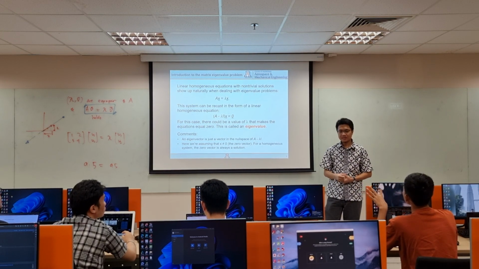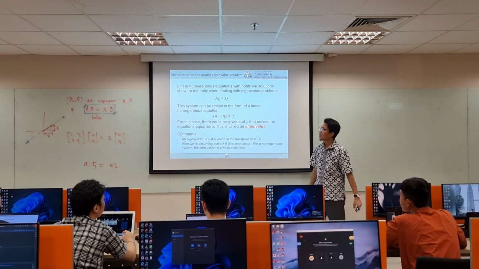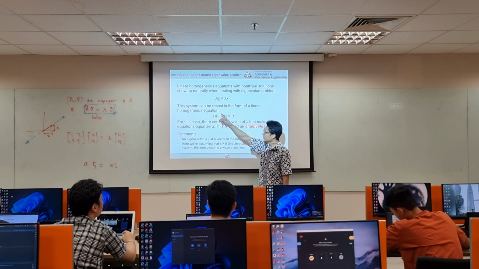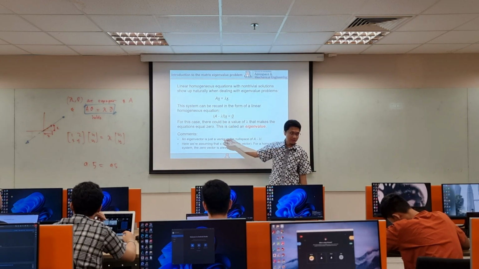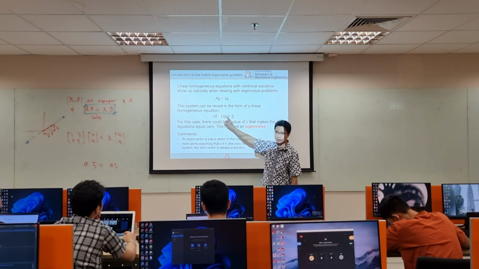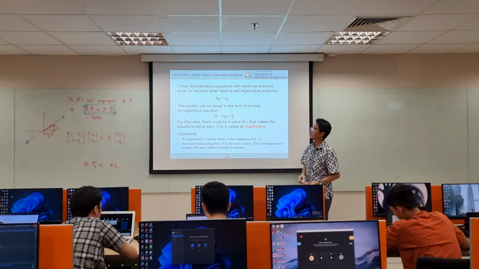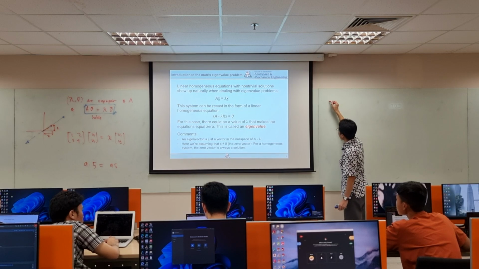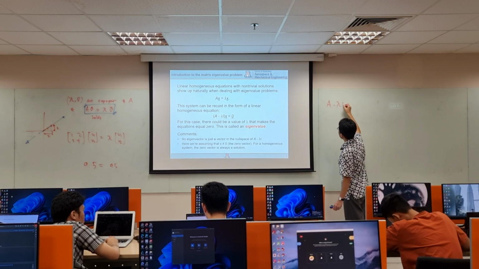Okay. Subtraction of a matrix, you have to get a matrix with the same size. So lambda you multiply with identity. What happens actually when you do this?